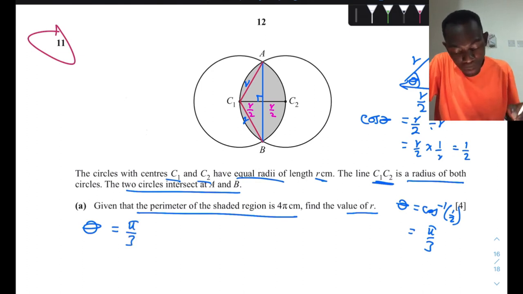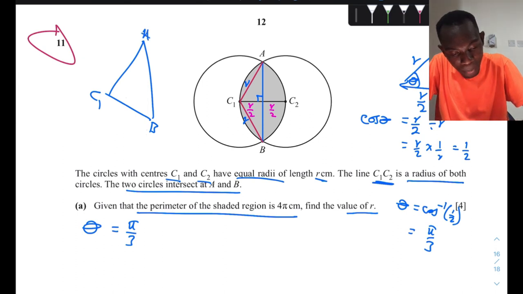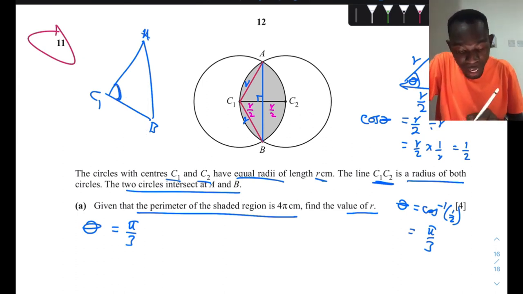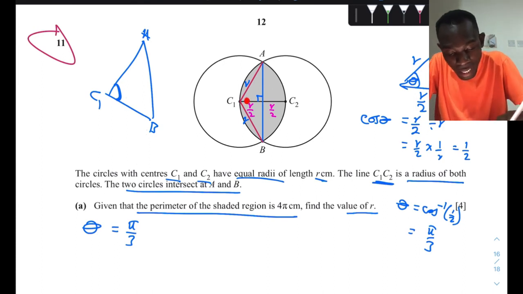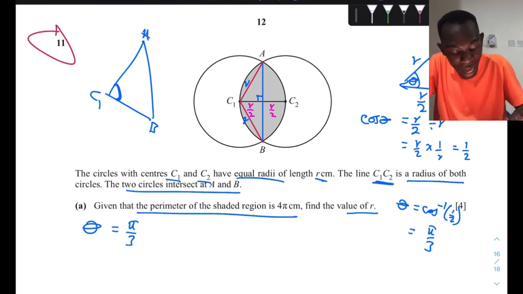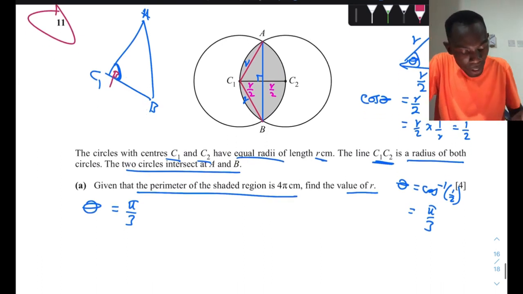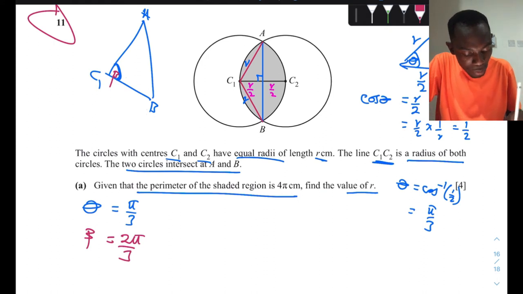But you are not done, because if I take this triangle out, the C1, B, and A, I have to multiply my pi on 3 by 2 so that I will get the complete angle here. Let me call that angle beta. So beta will be equal to 2 pi on 3.